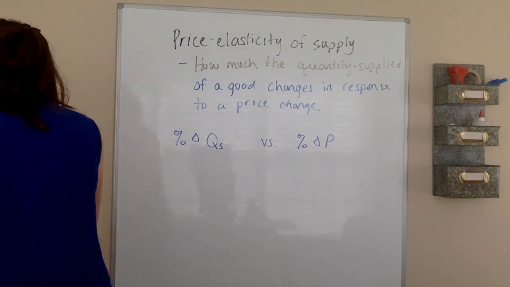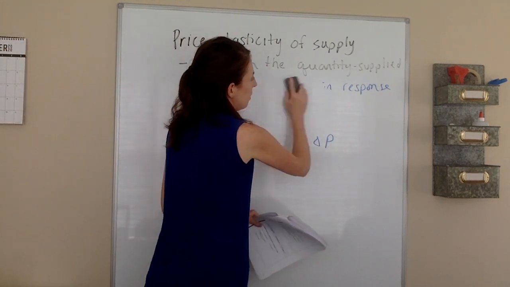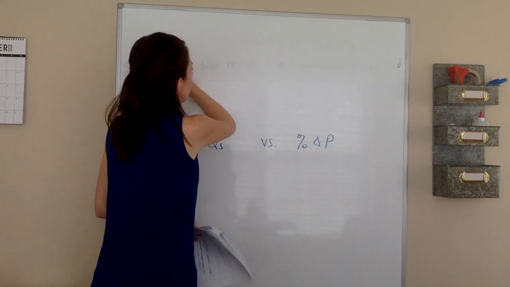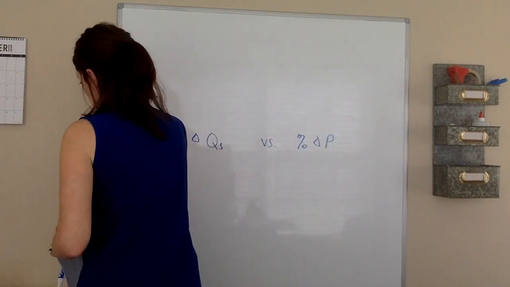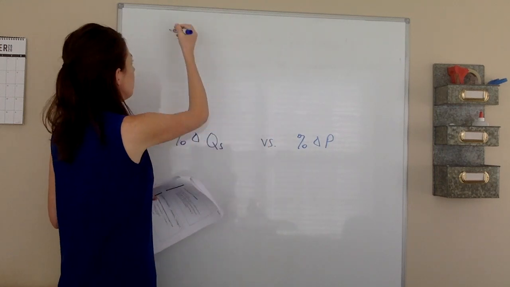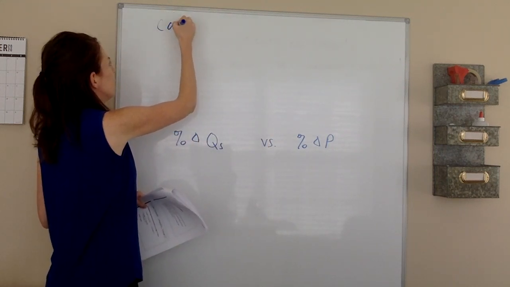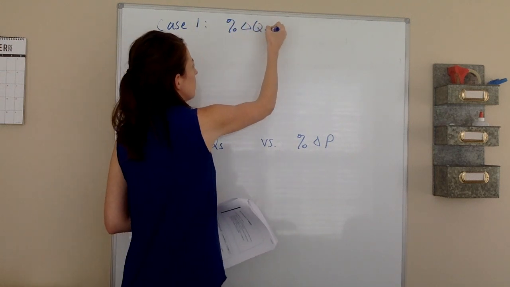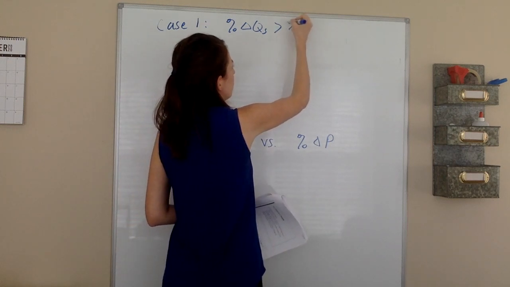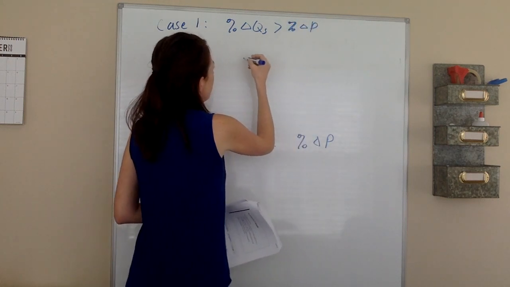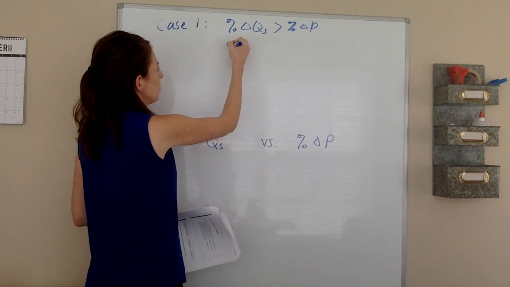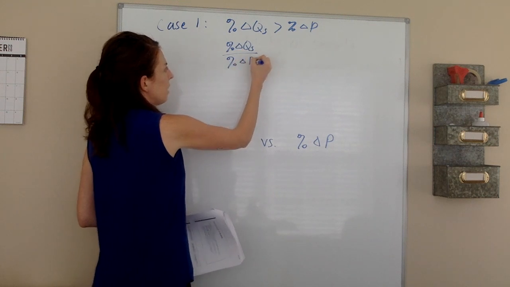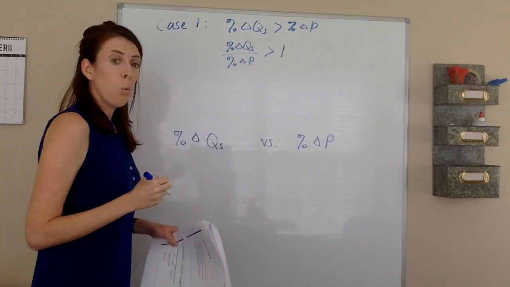So case number 1 is, again, that the percent change in the quantity supplied might exceed the percent change in the price. So if what is true is that the percent change in the quantity supplied is greater than the percent change in the price, then if you take these two things and stack them on top of each other, the percent change in the quantity supplied over the percent change in the price is going to have to be larger than 1.